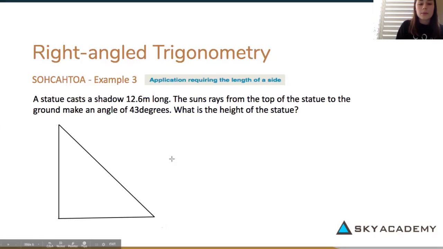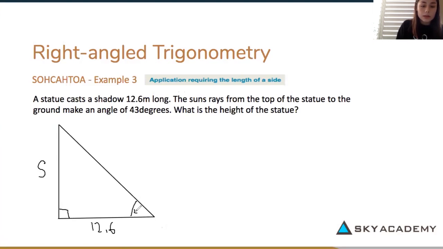So I'm going to go and label my diagram. This is going to be my statue. This is going to be my shadow, which is 12.6 meters long. And the sun rays is going to be my hypotenuse. And it's going to make an angle with the ground of 43 degrees.